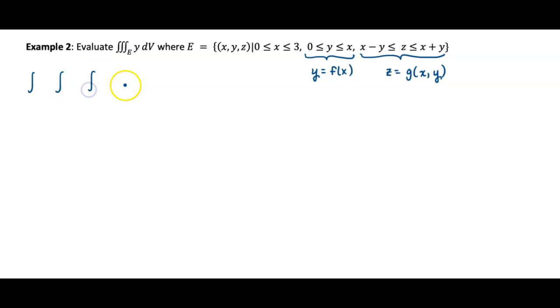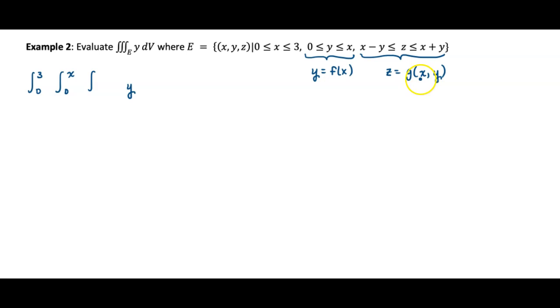So let's write this triple integral. This is going to be y. And now, I know my x bounds must be on the outside because these are in terms of constants. So x must go from 0 to 3. Y is a function of x, so that's going to be my middle bounds. Y goes from 0 to x.